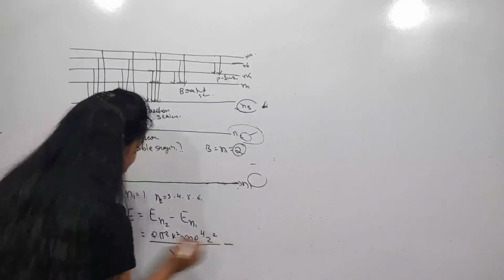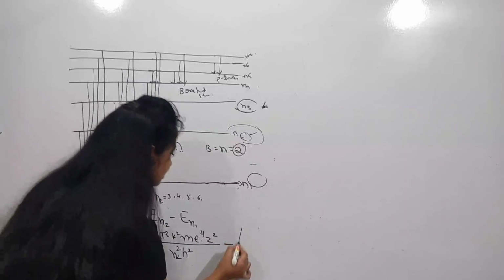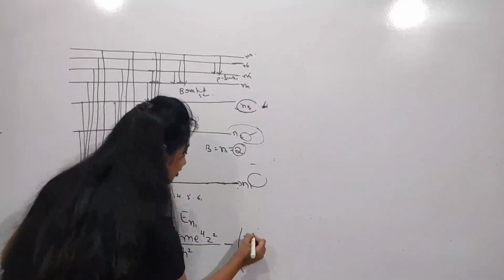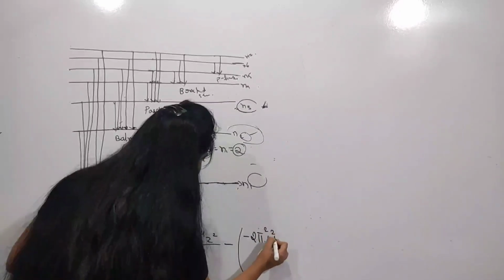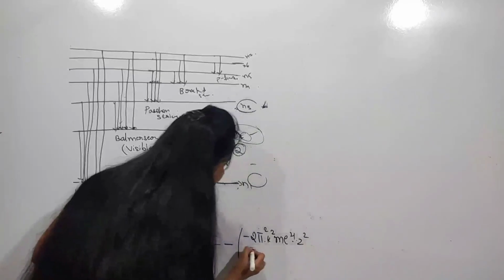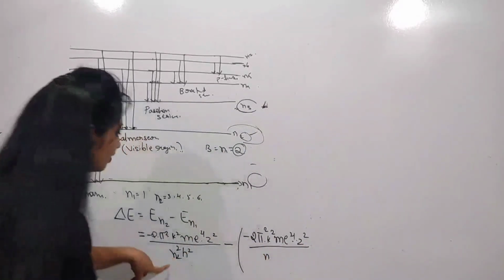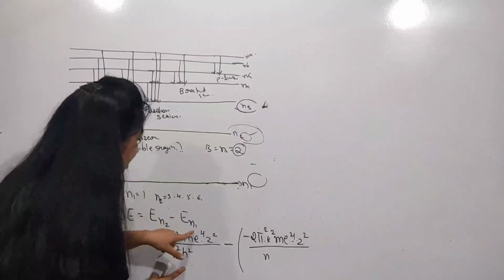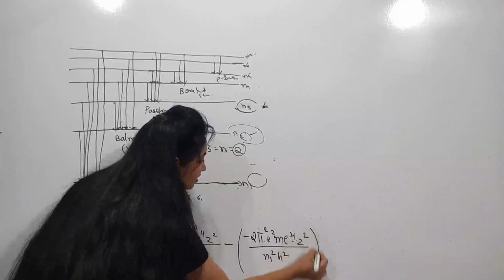Then minus, minus of 2 pi square k square m e raised to 4 into z square divided by, again in the place of n I put the N1 value, N1 square and h square.